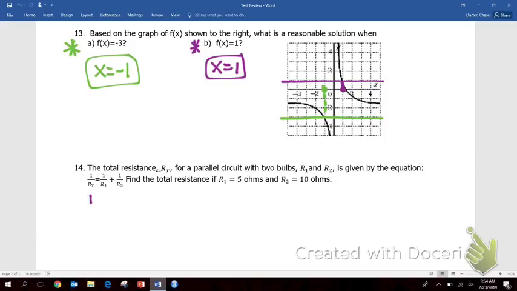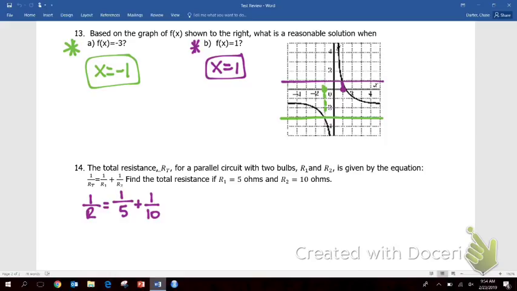So I'm looking for R total, and it tells me that R1 is 5 and R2 is 10. So I plug in 5 for R1 and 10 for R2, and I'm trying to find the total resistance.